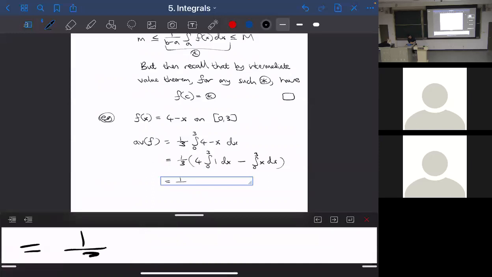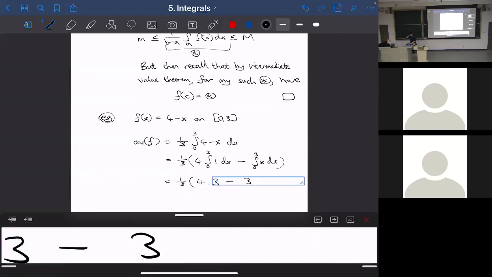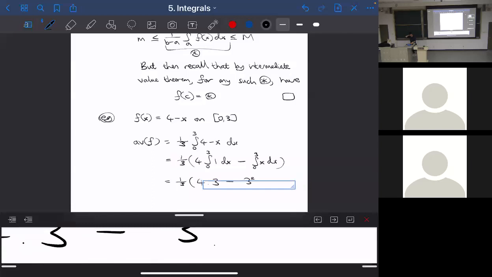And so I get 1 over 3 times 4 times 3, the difference between the limits, minus 3 squared over 2. So using what we had before.